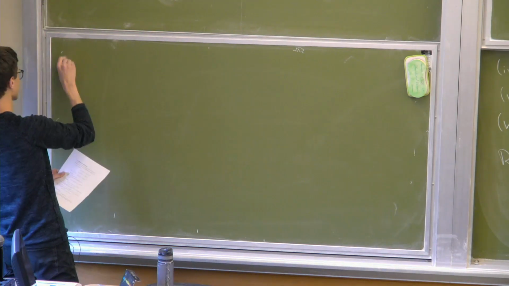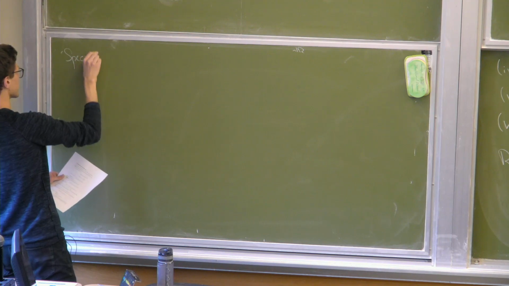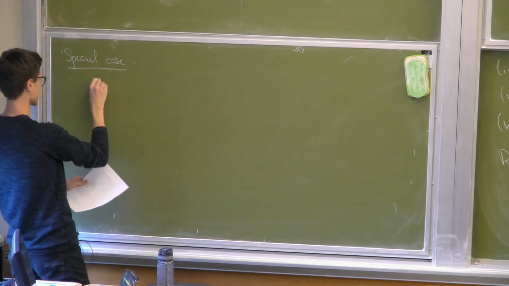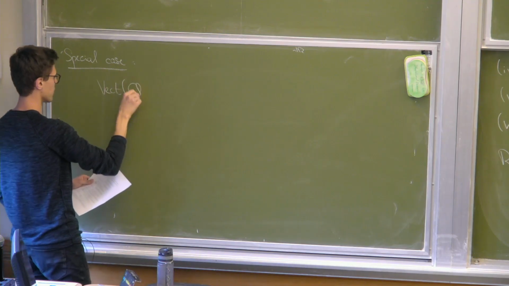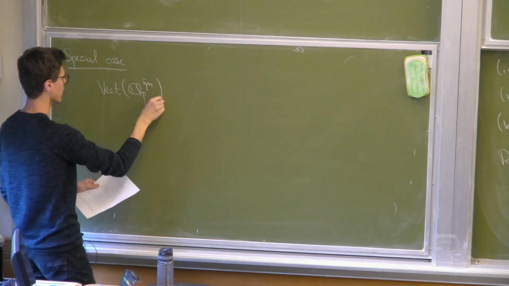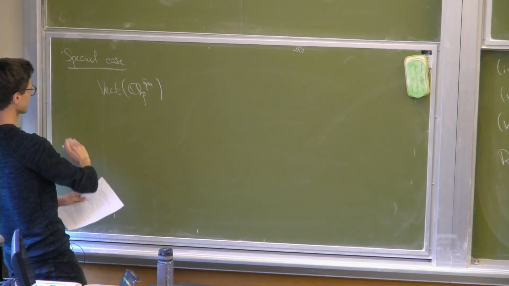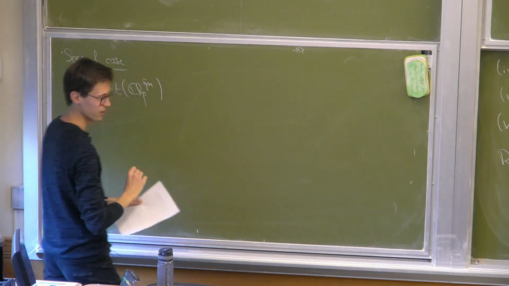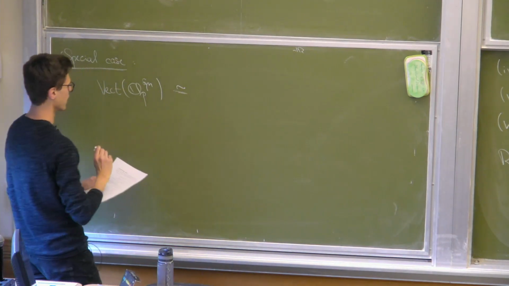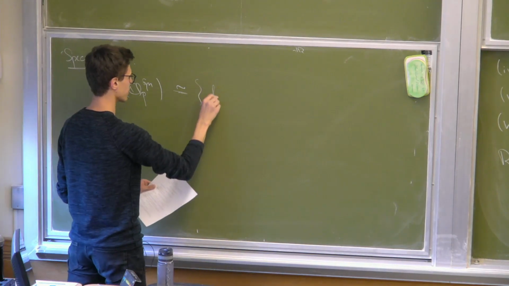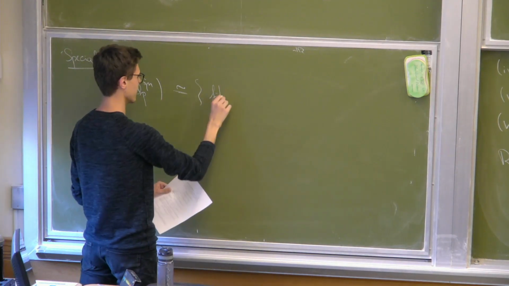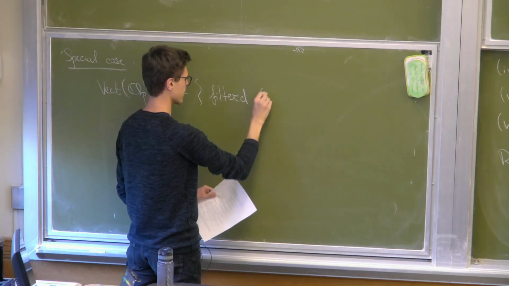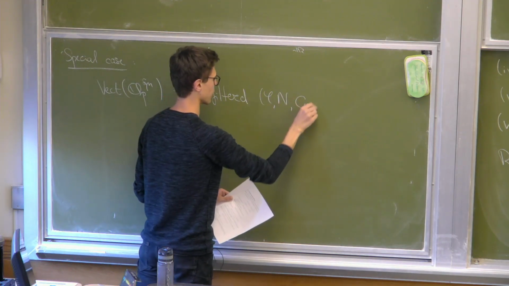Or maybe I can give the following special case, and it's for vector bundles instead of perfect complexes. So the equivalence respects tau amplitude, so it also works for perfect complexes. And then the first part tells me that vector bundles on Qp syn is equivalent to filtered phi-N Galois modules.